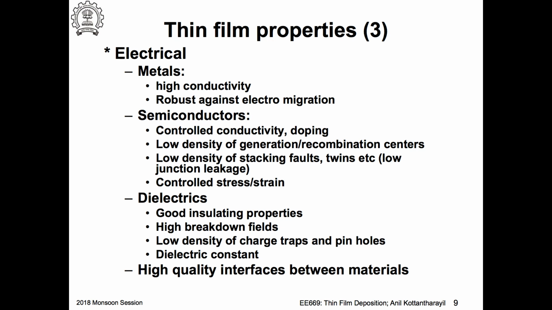Interface state density should be low, and the charges in the oxide should be low. It is not necessarily the requirement for every application that these properties are low. Usually you want interface states to be low, but in photovoltaic applications you may actually want some charges at the interface.